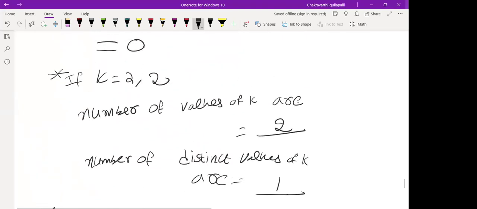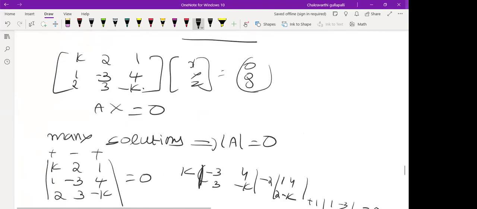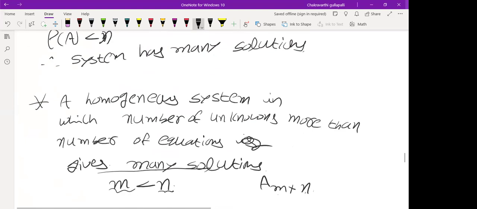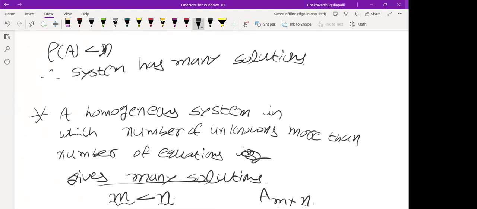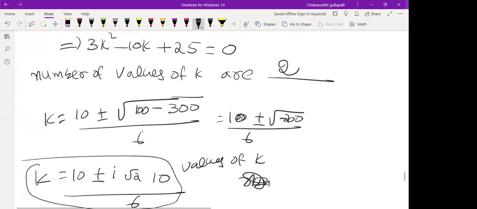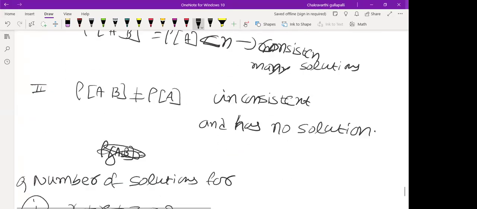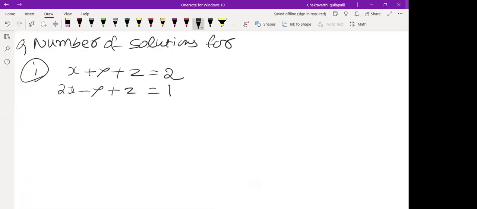That shortcut is only for a homogeneous system. That is not valid for non-homogeneous. A homogeneous system in which the number of unknowns is more than the number of equations gives many solutions. This is valid only for homogeneous. For non-homogeneous, that may or may not be valid. It may be valid, but not necessarily.